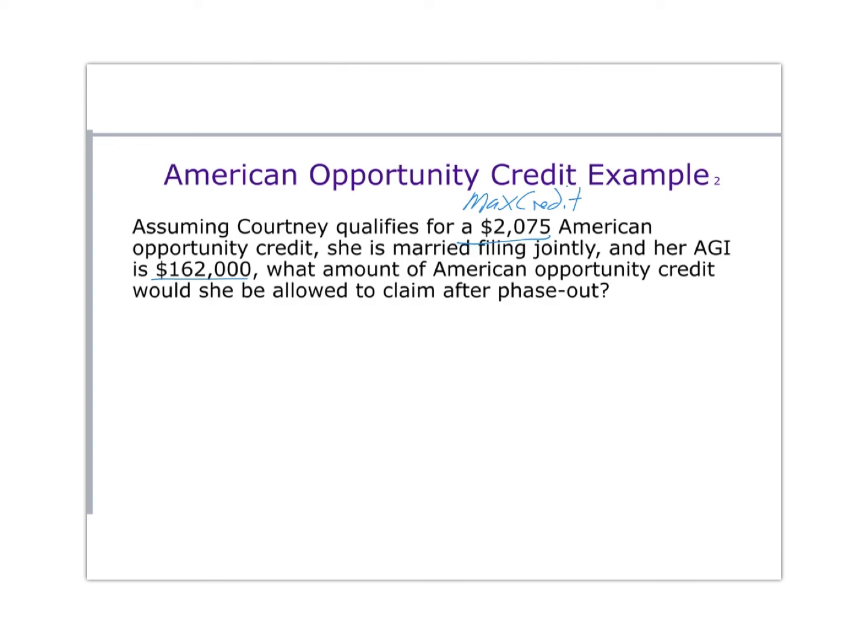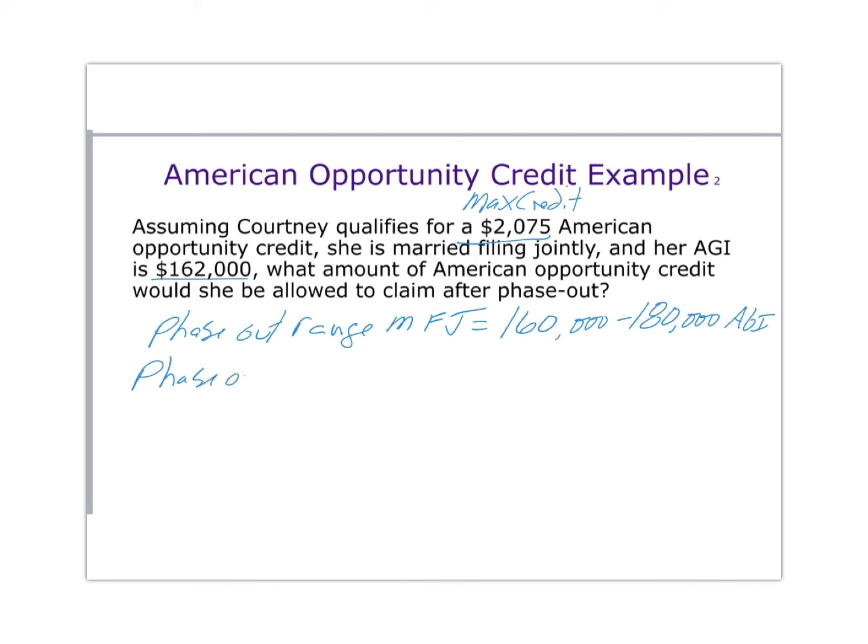Okay, so what do we have to do now? So now we know, if we look at the Chapter 8 schedules, the phase out range for married filing jointly is $160,000 to $180,000 AGI. Okay, so we have to find her phase out percent. So her phase out percent equals 162 minus 160 over $20,000.